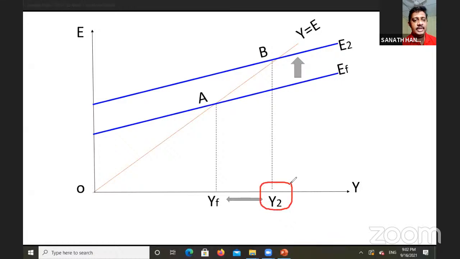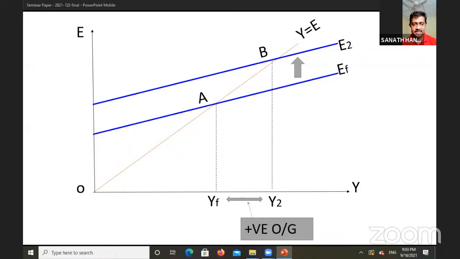Now actual output is higher than potential output. We call this a positive output gap.